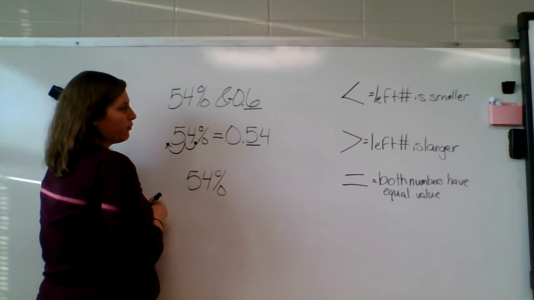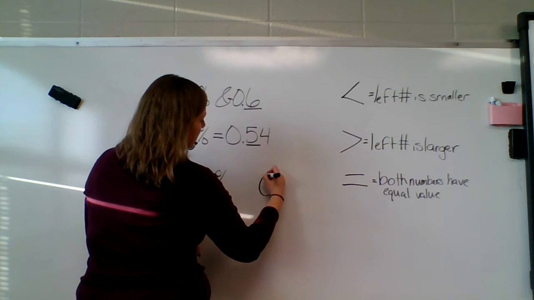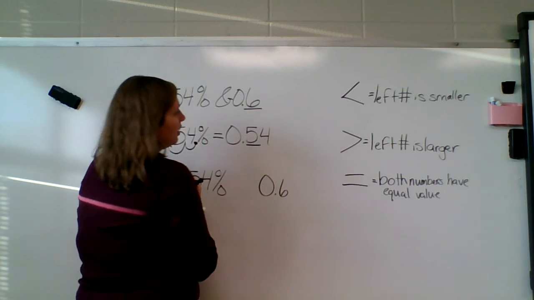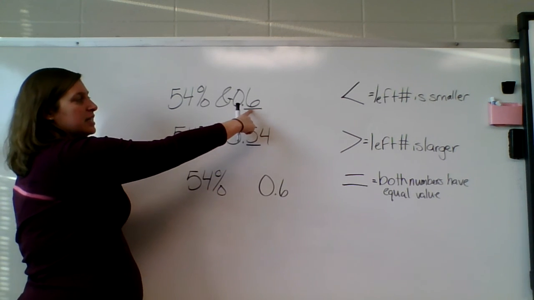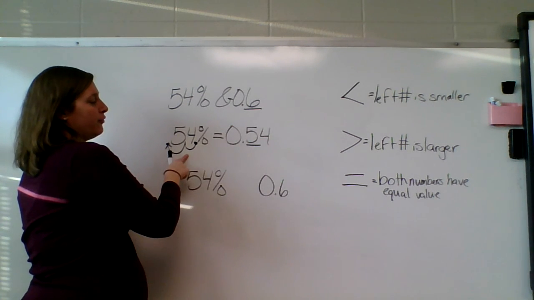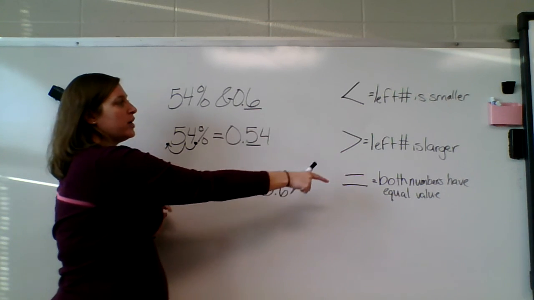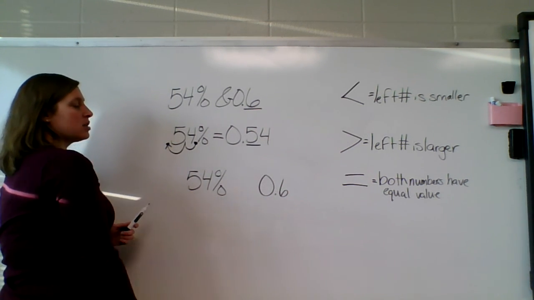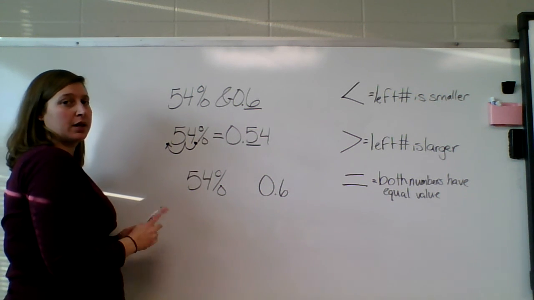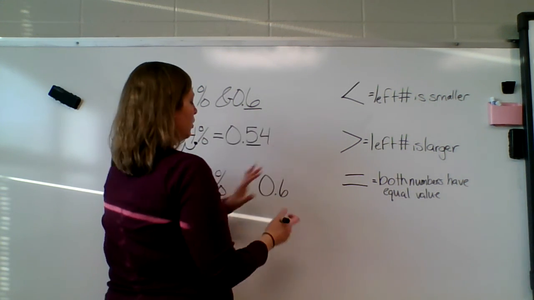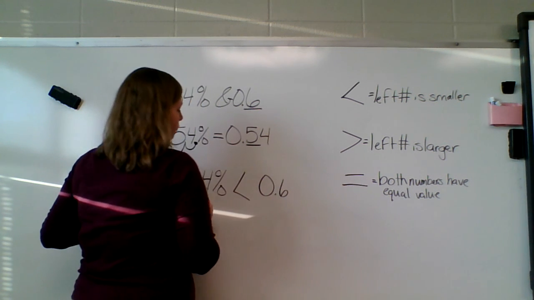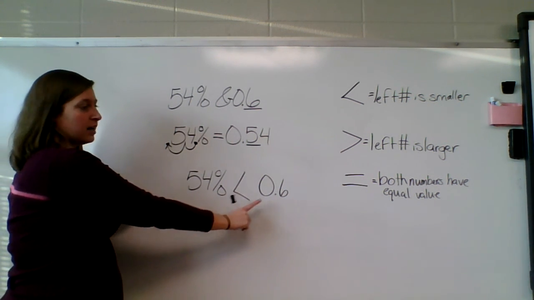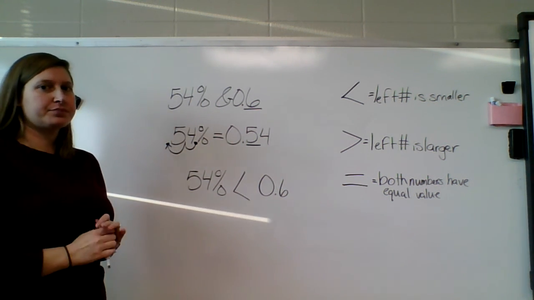So 54% came first, and then 6/10 came second. And we decided that 6/10 was larger than 54%. So which of our symbols is going to show me that the right number is larger than the left? It's going to be our less than symbol. So 54% is less than 6/10.